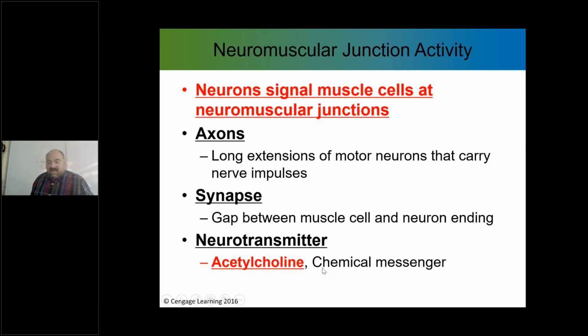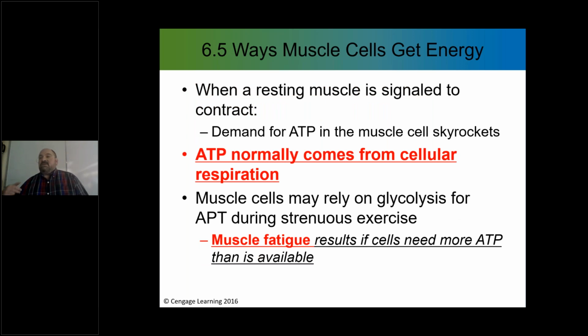That neurotransmitter, that chemical messenger, that's the acetylcholine. Also, we can abbreviate it as ACH. See right there, ACH. So that needs to travel to the muscle to allow for the whole process of contraction to occur.